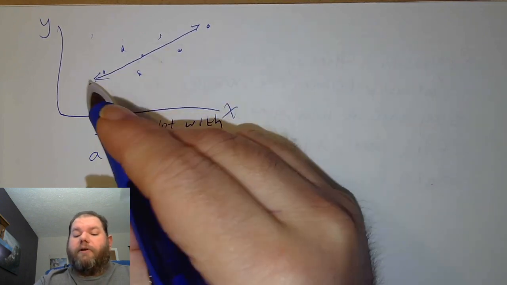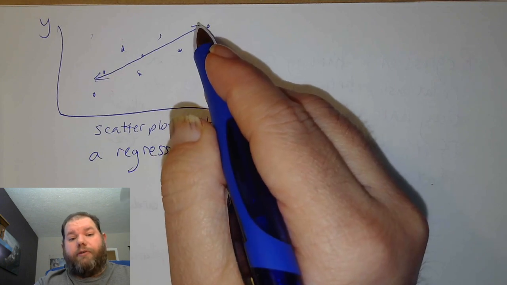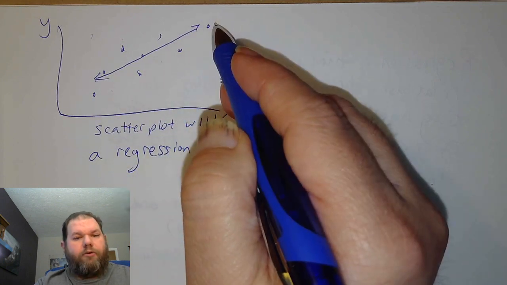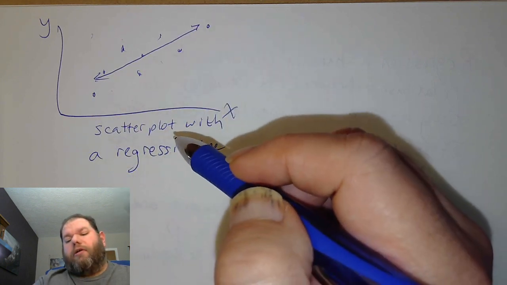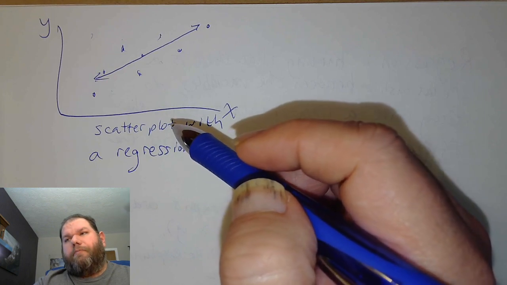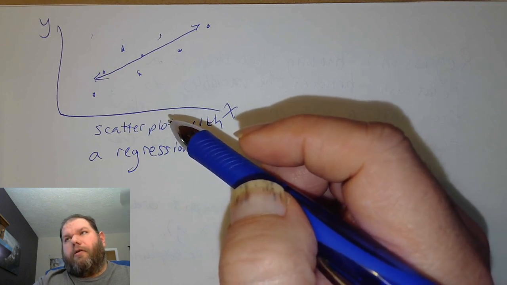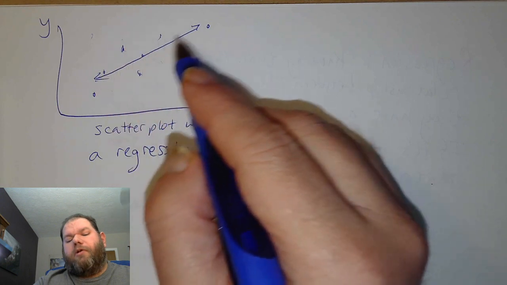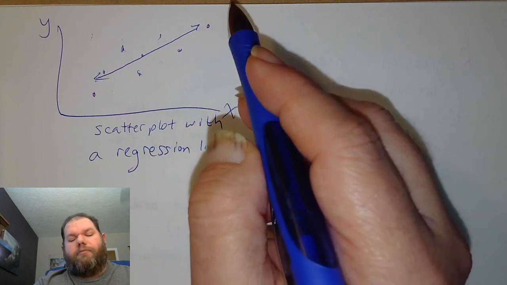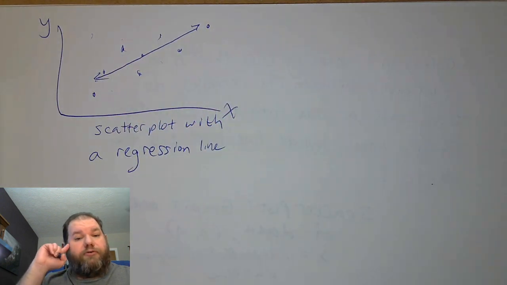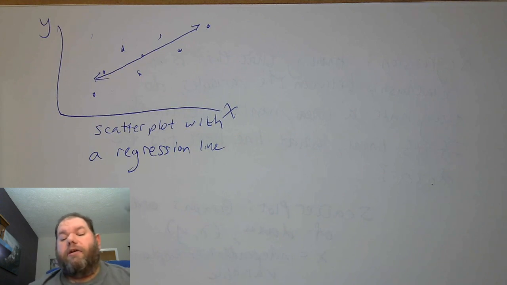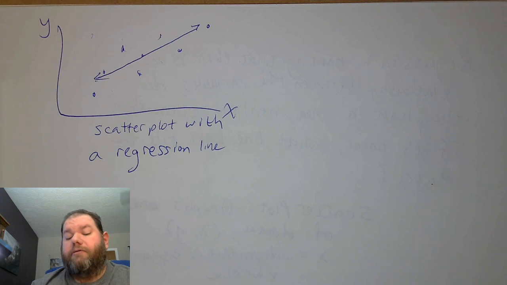In this case, because the line is moving upward to the right, this would indicate a positive correlation. But we're not quite sure how strong, based on how close or how far the points are from this line.